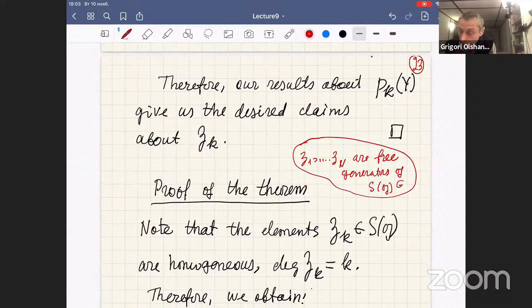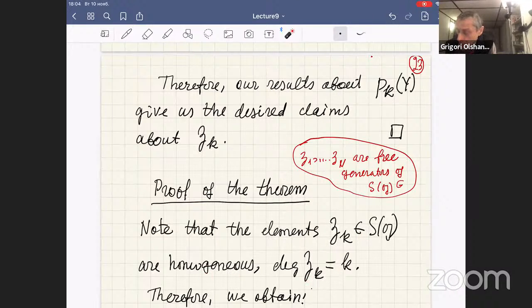Now I return to the proof of our theorem. We are interested in the center. We note that these elements are homogeneous, and the degree is equal to k.